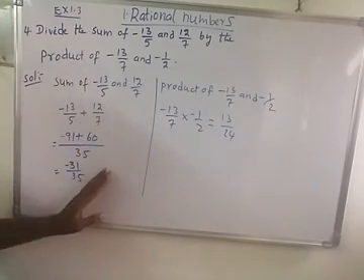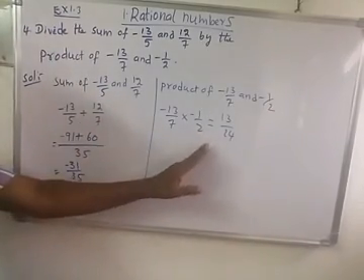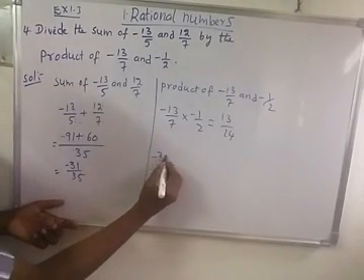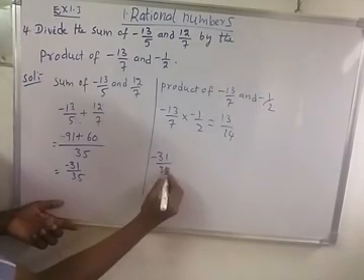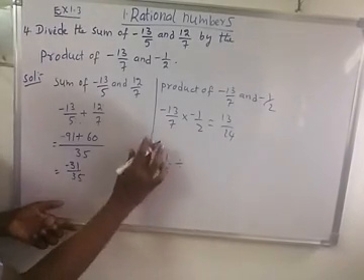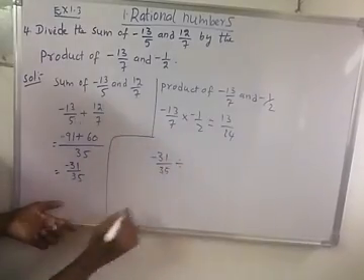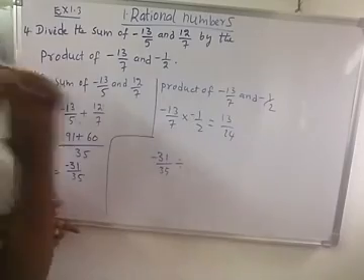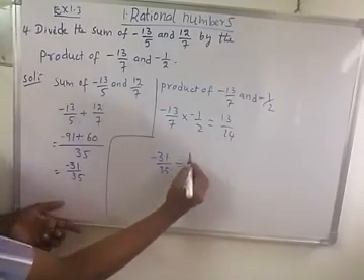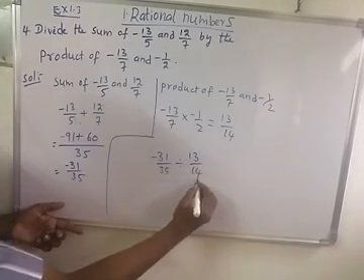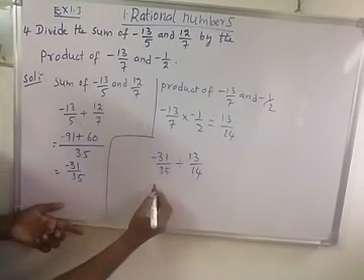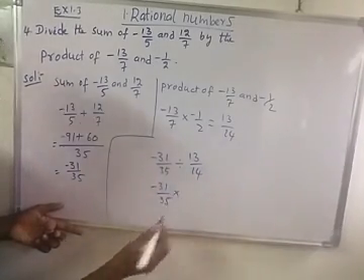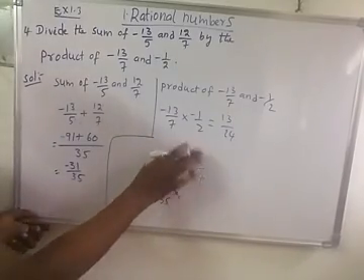Divide the sum by the product. That is minus 31 by 35 divided by 13 by 14, the product of minus 13 by 7 and minus 1 by 2. We write this as minus 31 by 35 into the reciprocal of 13 by 14.